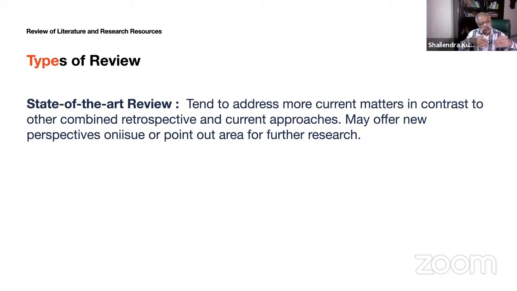And it should be in a flow. It should be like you are reading a story which gives you the plus and minus points on the subject area, and that will finally result in a state of art review.